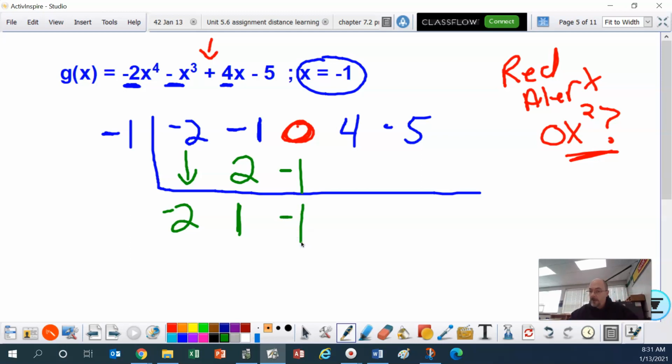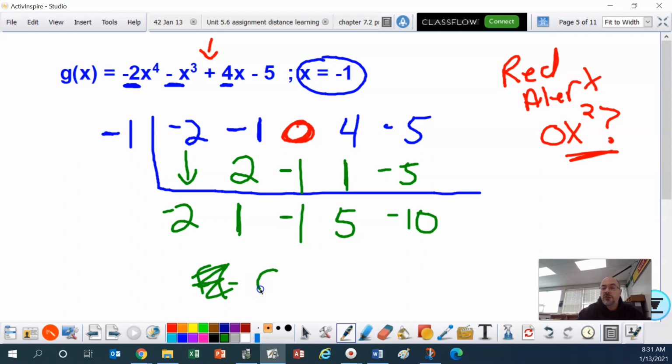I'm going to multiply. -1 times -1 is +1. I'm going to add. I get 5. And I'm going to multiply 1 and 5 and -1 and 5, and I get -5. So I get -10. So, ladies and gentlemen, G of -1 equals -10. Cool. All right.